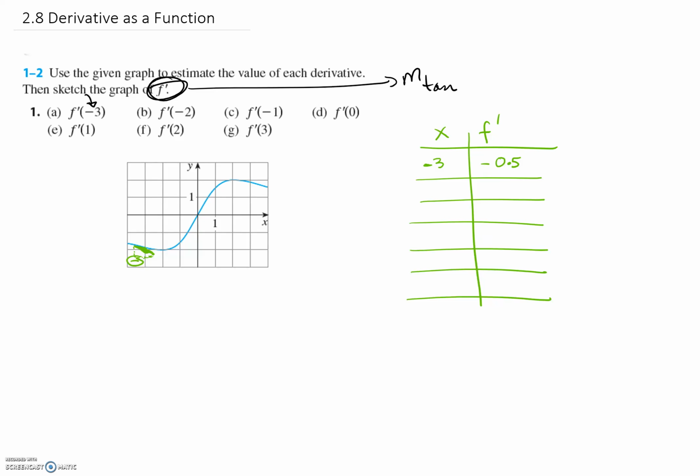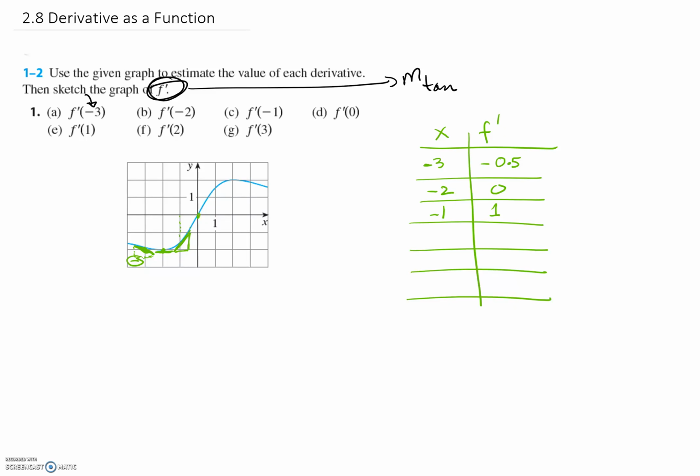At -2, it looks like the slope of the tangent line is horizontal, so that's going to be a 0. At -1, if I make a tangent line and guess the slope, that could maybe potentially be a +1. If I'm looking at that little triangle, 1 over 1, again, these are just guesses.